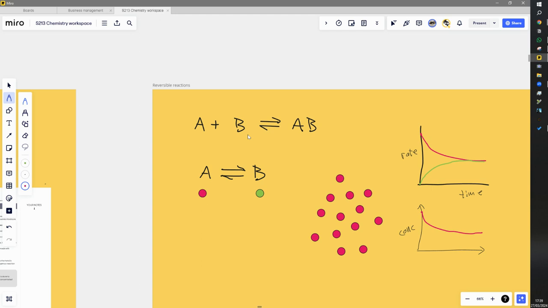So far it looks the same as the above graph, but the concentration of B won't necessarily meet at the flat line, unless it reaches equilibrium when it's 50-50. It could do this, but it could also do this.